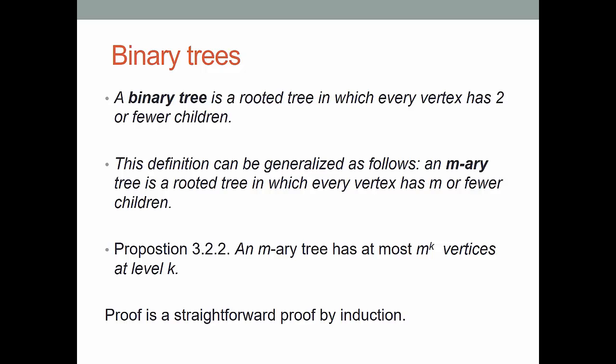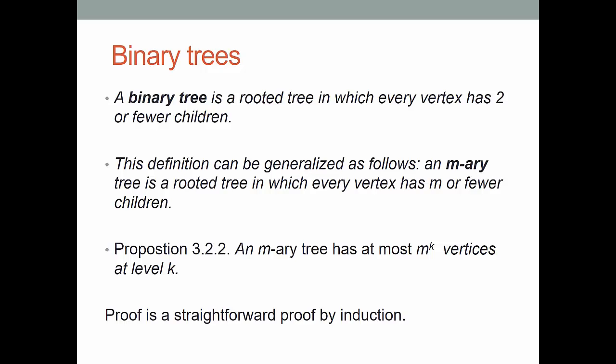Proposition 3.2.2 says an m-ary tree has at most m to the k vertices at level k. The proof is by induction. It's easy and straightforward. You'd like to anchor your proof at k is 0. m to the 0 would be 1, and we have just one vertex at level 0, and that's the root.